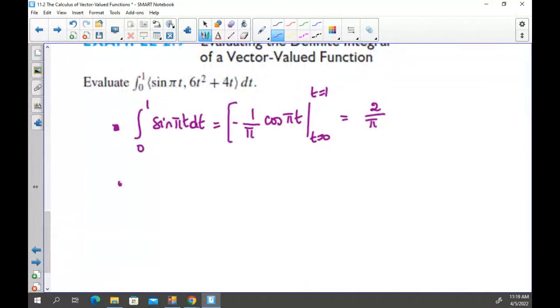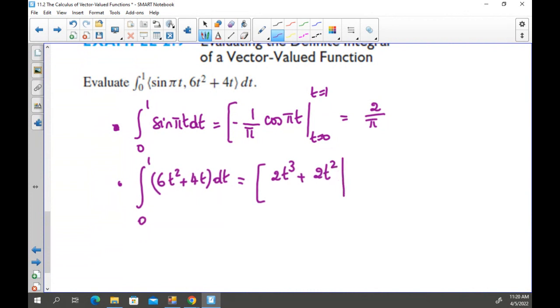Then what's the second thing we need? The integral of 6t squared plus 4t dt from 0 to 1. So this will give you 2t cubed plus 2t squared, from 0 to 1. And you substitute, it's going to give us 4, I think.